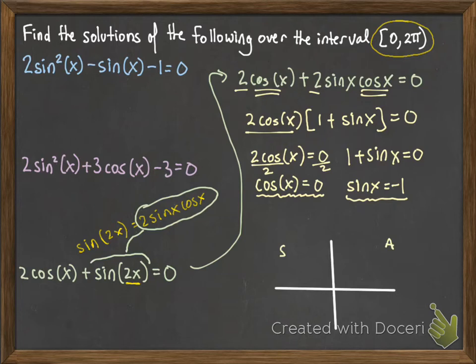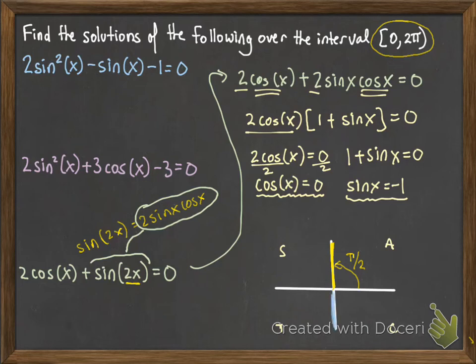We get All Students Take Calculus, and we think about, okay, where's this first one at? The cosine of some angle that equals 0. Well, it looks like we're going to have two of them, because this angle right here, pi over 2, is going to work, as well as, I believe, this angle right here.